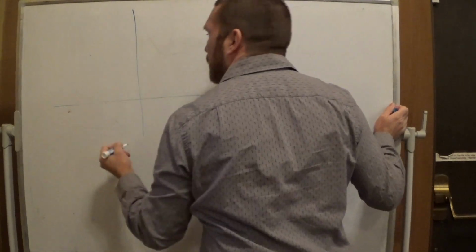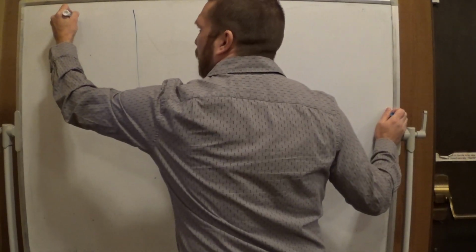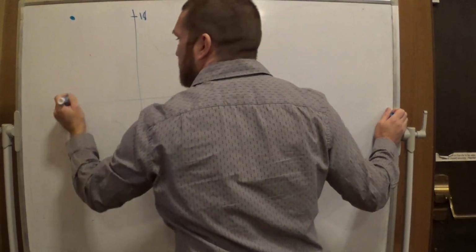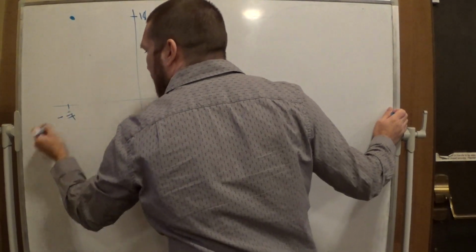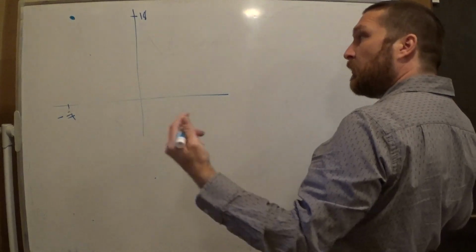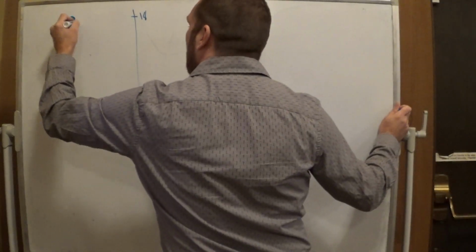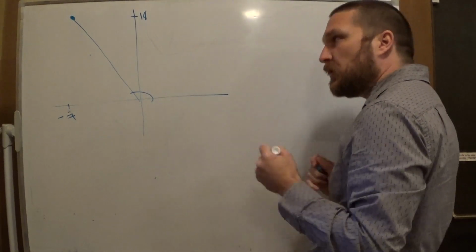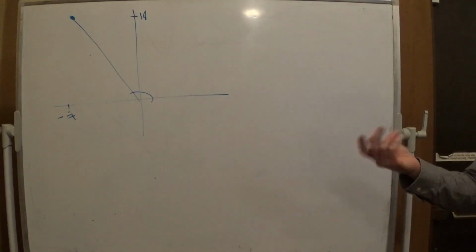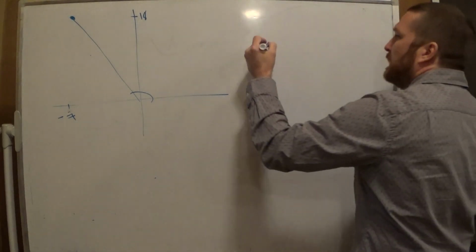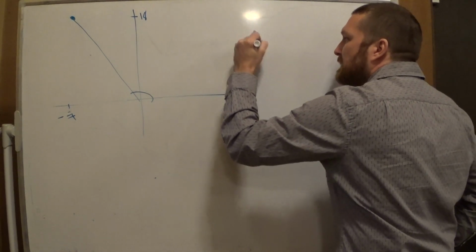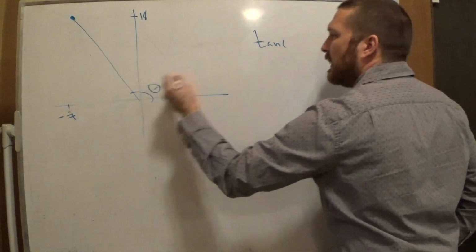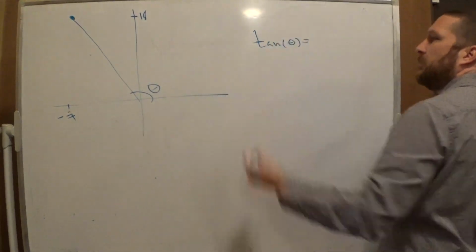Very often you have a point out here somewhere and you know its coordinates. Like you know its coordinates are 18 and negative 7. And for whatever reason, it's really important to be able to figure out what this angle is. And if you could figure out, well, I know, for instance, that tangent of this angle, what would tangent of theta be in that case?